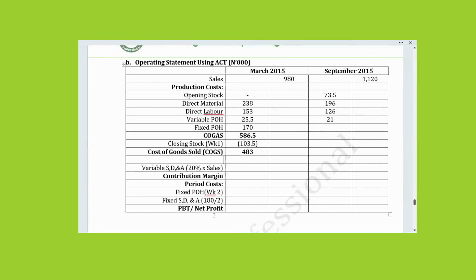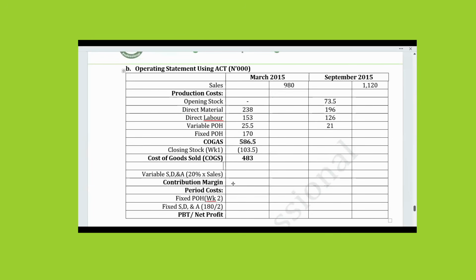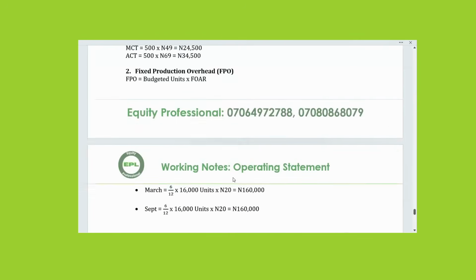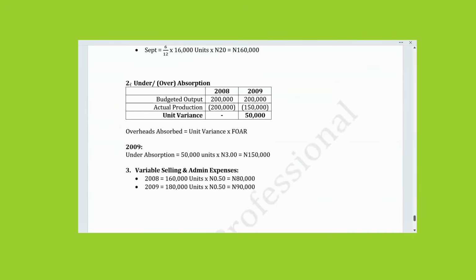So we need to go and do the working for overhead absorption. That will be working number 3 now. We want to determine whether we have under or over absorption. Here will be March. Here will be September. The same approach.